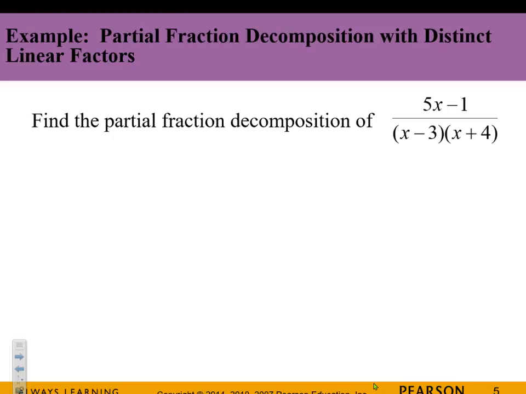Does that make sense? So this had to come from two fractions, one had a denominator of this, one had a denominator of that, or maybe one had a denominator of this and one had a denominator of both of them. We don't know, right? So partial fraction decomposition is saying, hey, what could have been the original fractions that this came from?